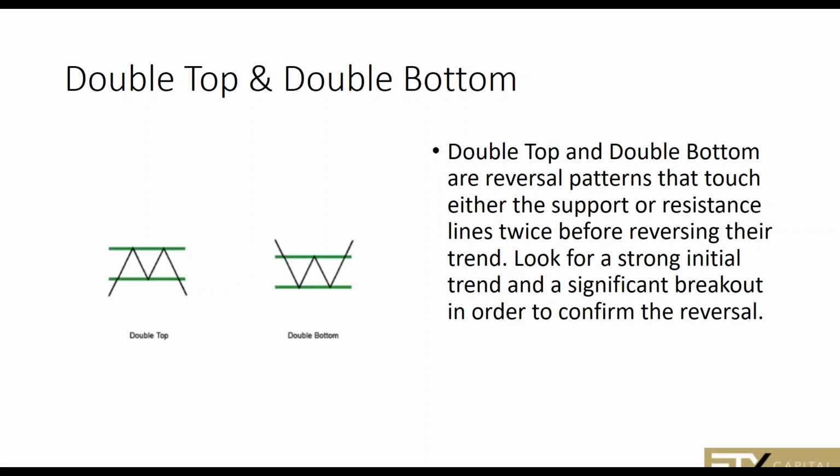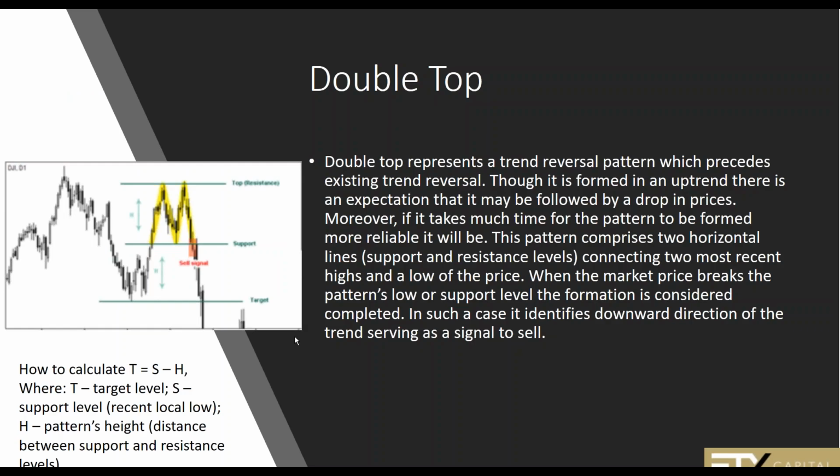So therefore, the more reliable signal is the triple. Now, the formula is almost the same as we used before. The target is equal to the support level minus the height between the support level and the top, or the resistance level.